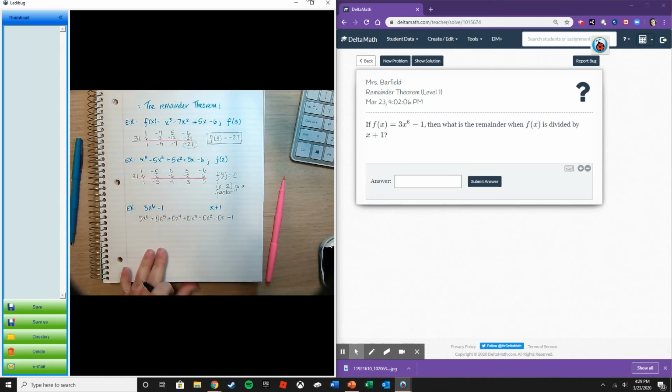So you cannot forget to make that adjustment when you do a problem that has missing terms. So that means I'd have 3, 0, 0, 0, 0, 0, negative 1.